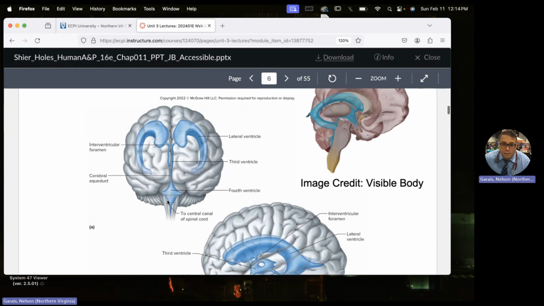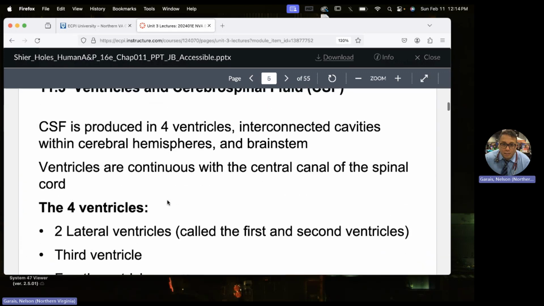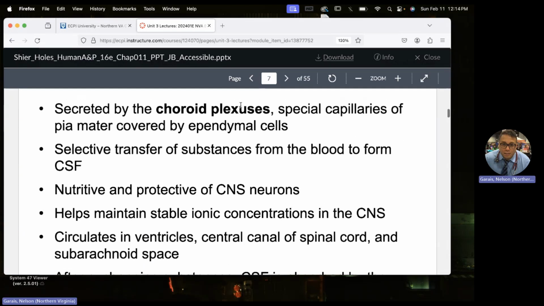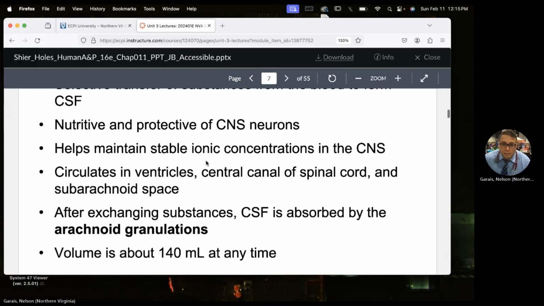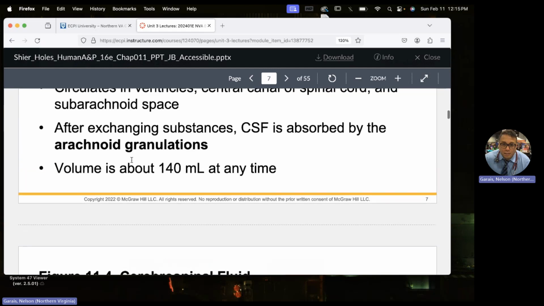This entire blue area is covered by something called the choroid plexus. Where is it? Right here. And the choroid plexus is made out of ependymal cells. Arachnoid granulations are the thing that absorbs the CSF, but know that for our purposes, choroid plexus and ependymal cells is more of an alpha question, and this is more of a Bravo question.